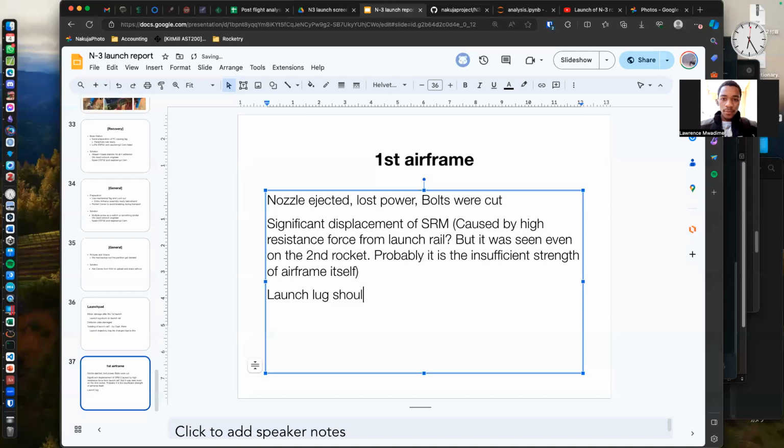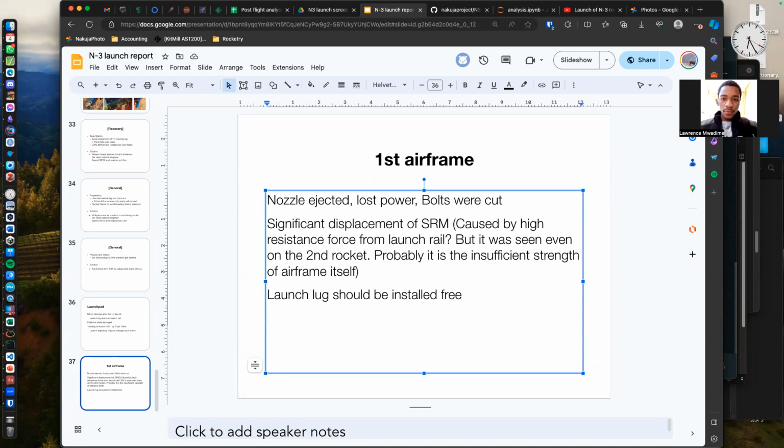And then we need to ensure that the lug is placed in such a way that it slides smoothly out of the rail. Like I'd said, instead of having the weight of the rocket pulling on the lug, it should be placed such that it moves smoothly and the weight is perfectly balanced.